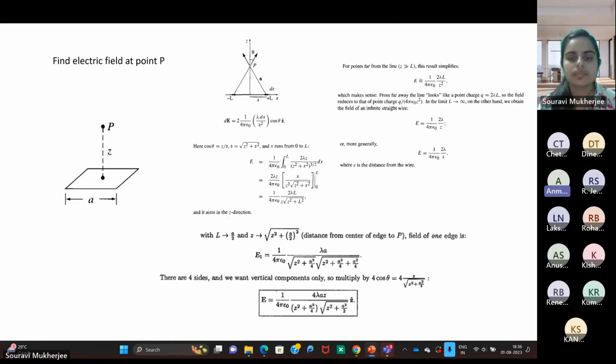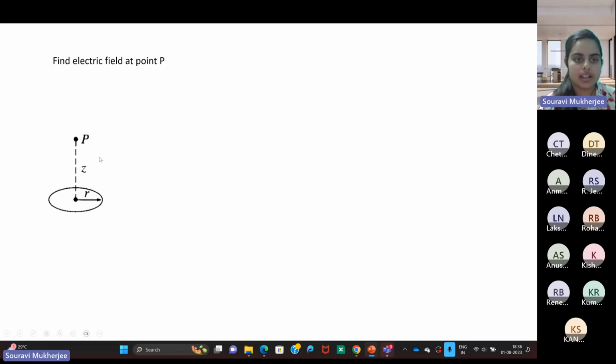Now suppose you have a similar thing, but now you have a ring kind of structure. It's a circle and it also has a line charge density of lambda, and you want to find the field at a distance z. So what do you do now? You have to again work with the similar concept, but it's important to see how you take the line element.